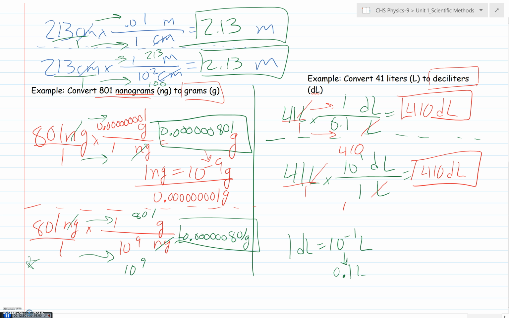So I put my 0.1 liter here and my 1 on the top with the deciliter. Or the way that makes more sense to me is I started with my 10 to the negative 1 on the bottom, and then I shifted that up to the top and made it positive, just like before. And this is what you get. There you have it.